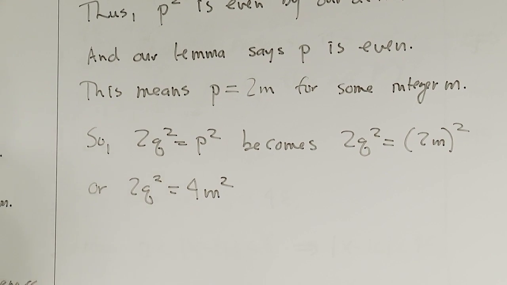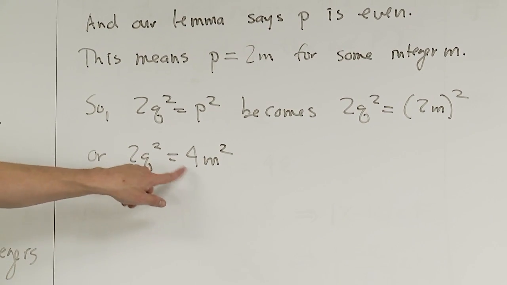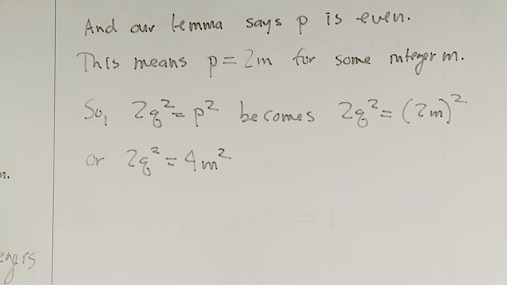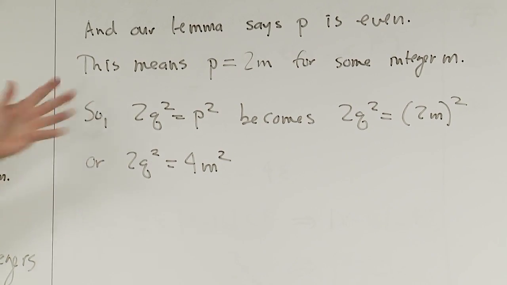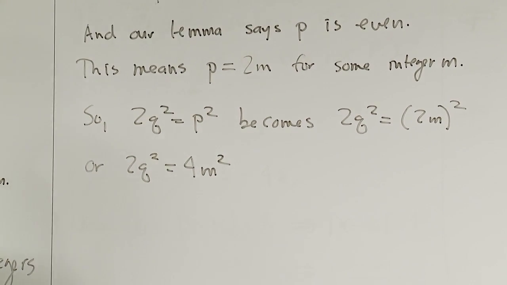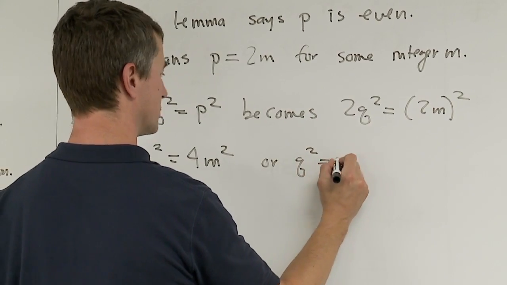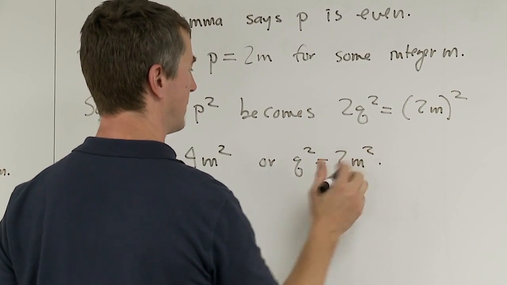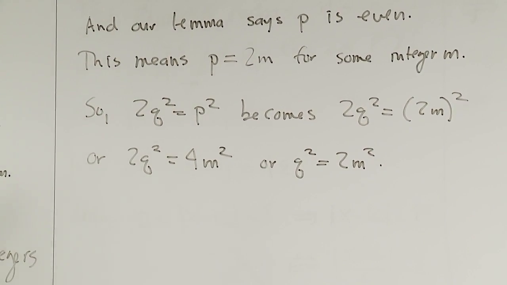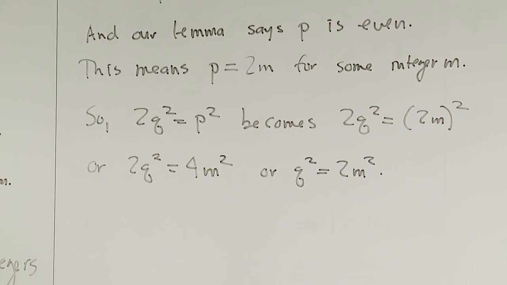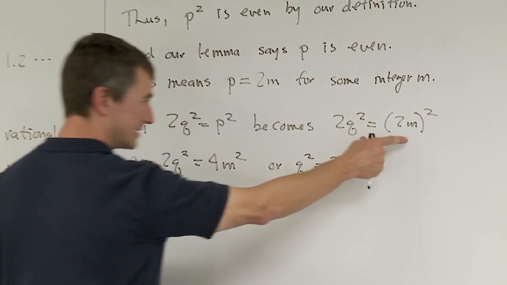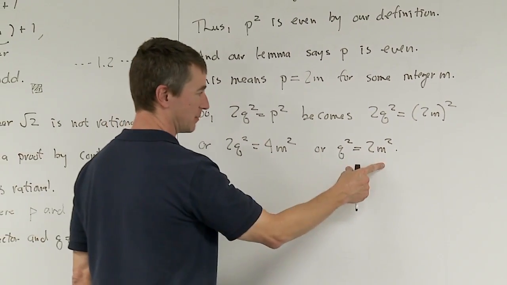And when you see something like this equation, this is crying out to have what done to it? Cancel a 2 from each side, right? Or q squared equals 2m squared. By the way, these ors are not like alternatives. These are just another way of writing it. So this is the same as this, which is the same as this.